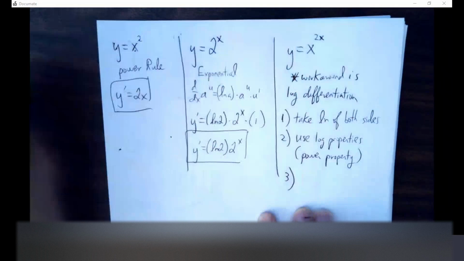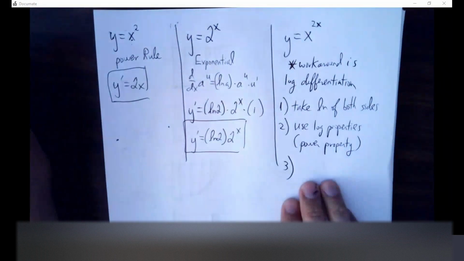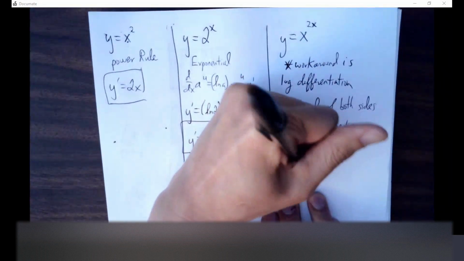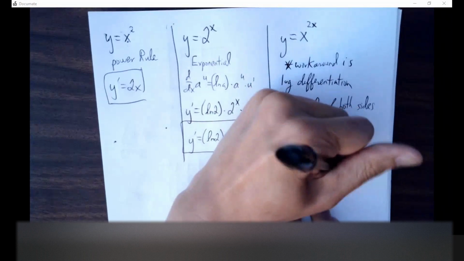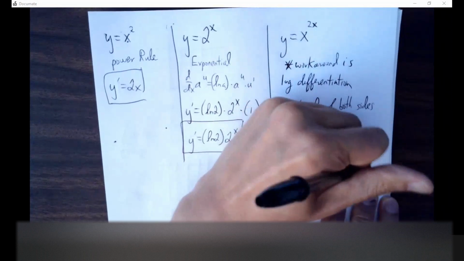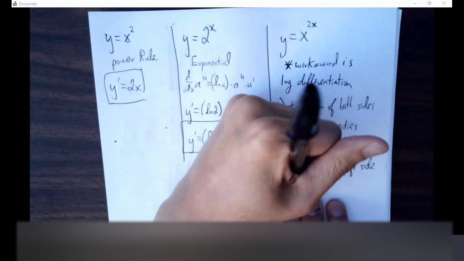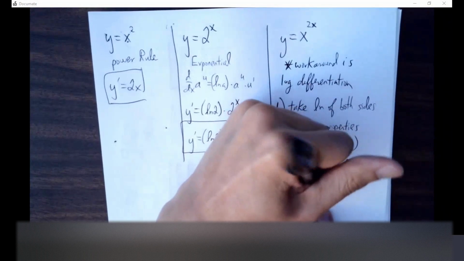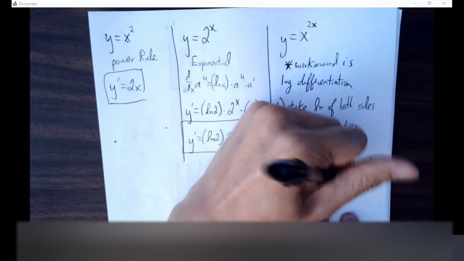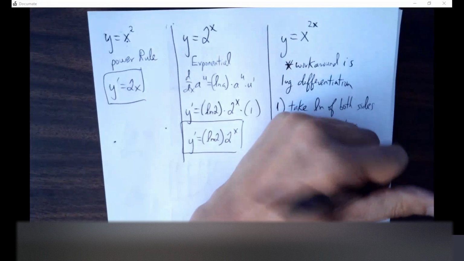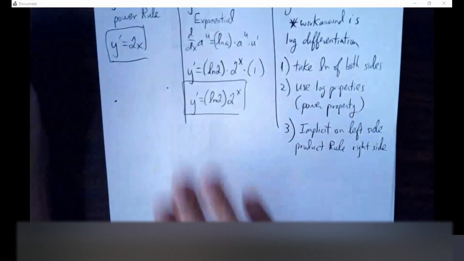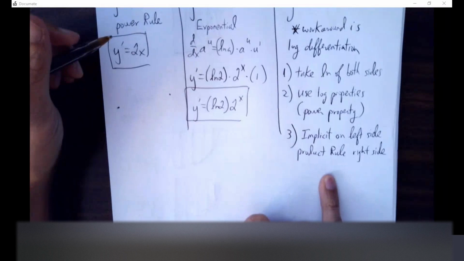Third step, there's going to be implicit differentiation on the left, and then there's going to be product rule on the right side. And then we've got to solve for dy dx.